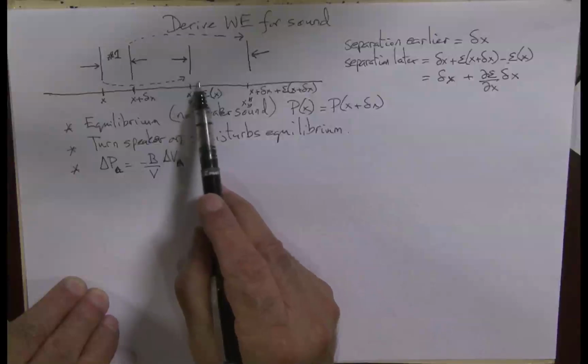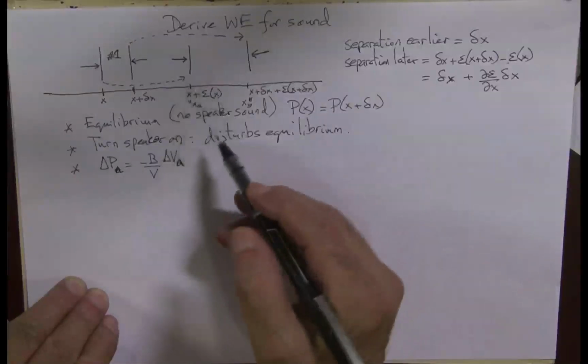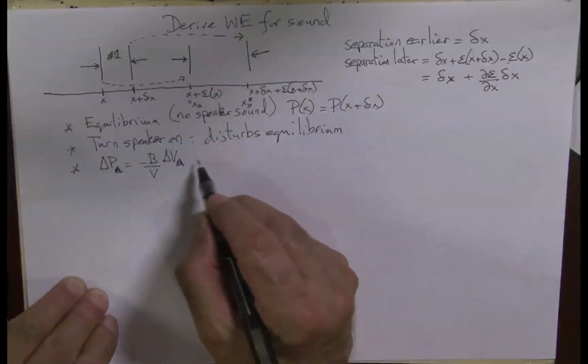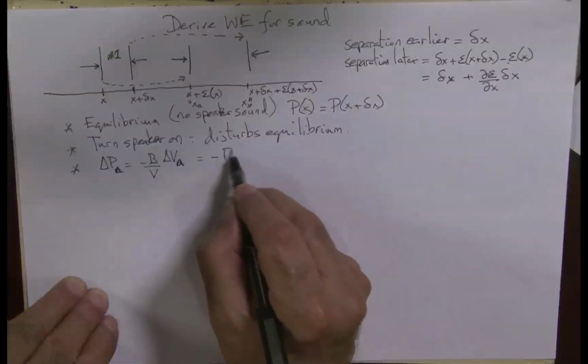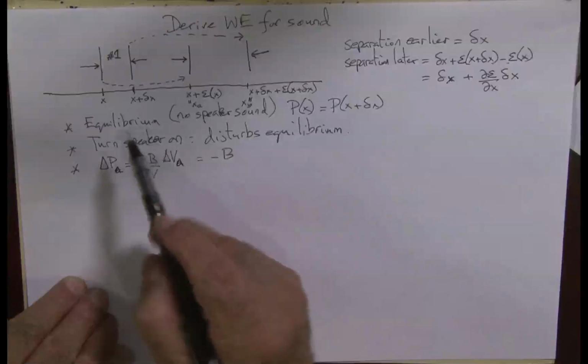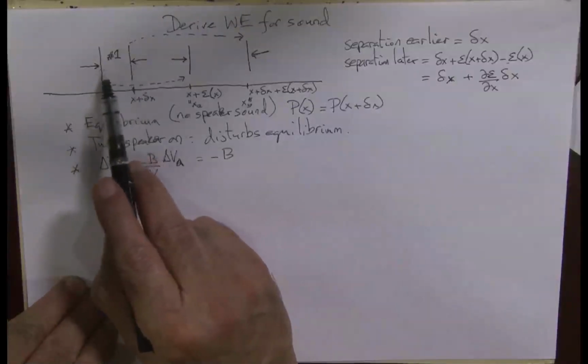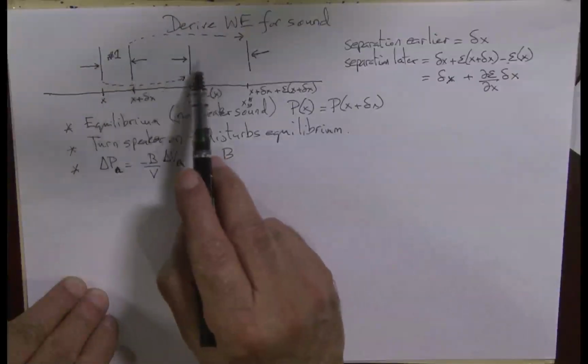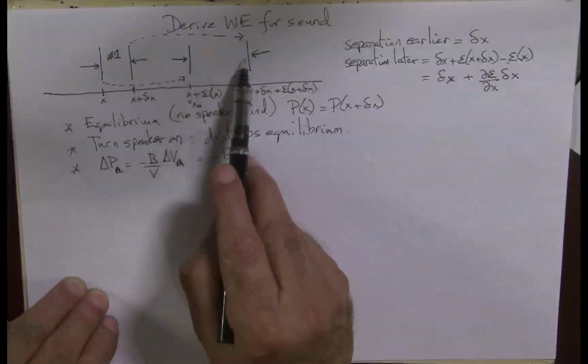See, this is going back and forth like this. That is equal to minus B. Now, the volume, this volume is only slightly different from this volume.